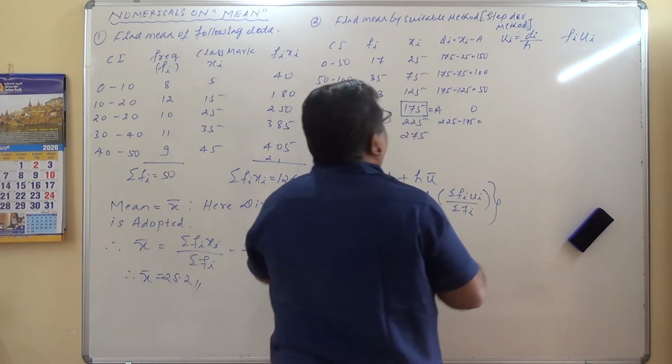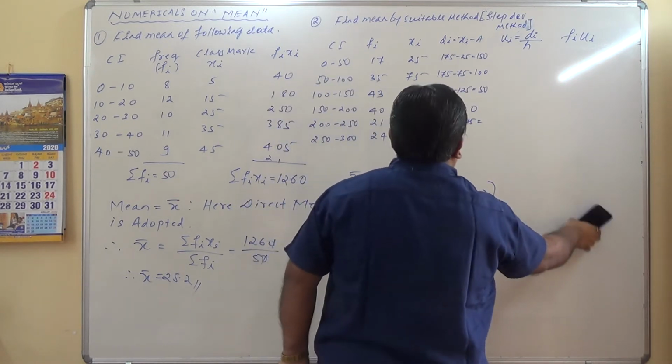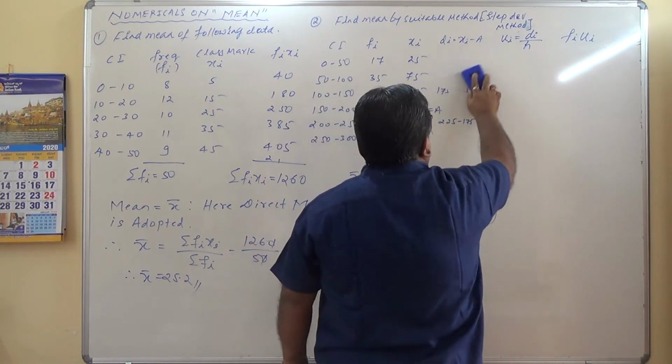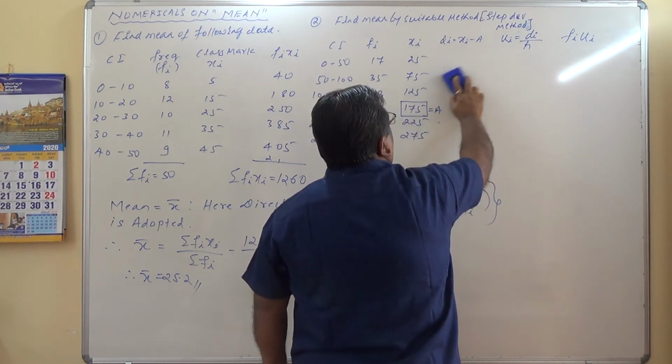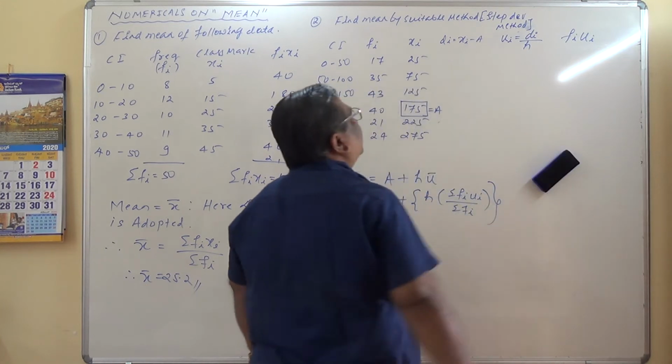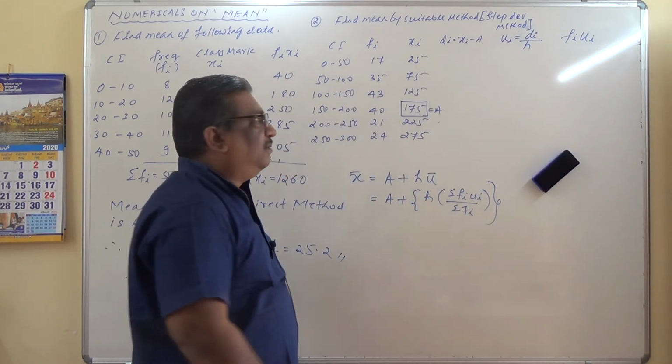See, here I made a mistake, and you should never make that mistake again. It is important. It is always xi minus A, that is important.